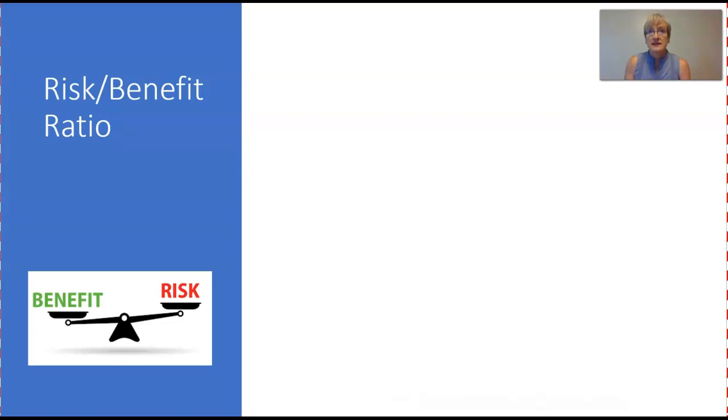The real teeth of whether you're looking at human subjects, human participants, or animal subjects, before you conduct research, what you're really focusing your attention on is the risk-benefit analysis.